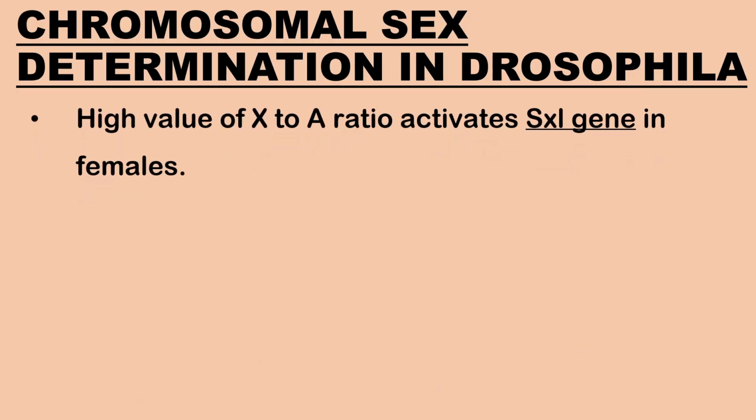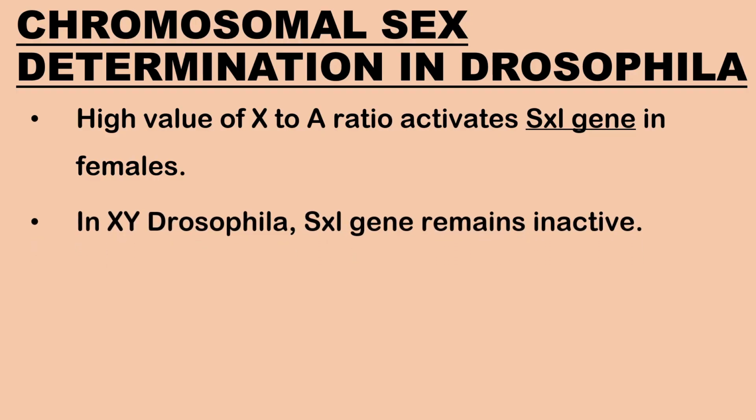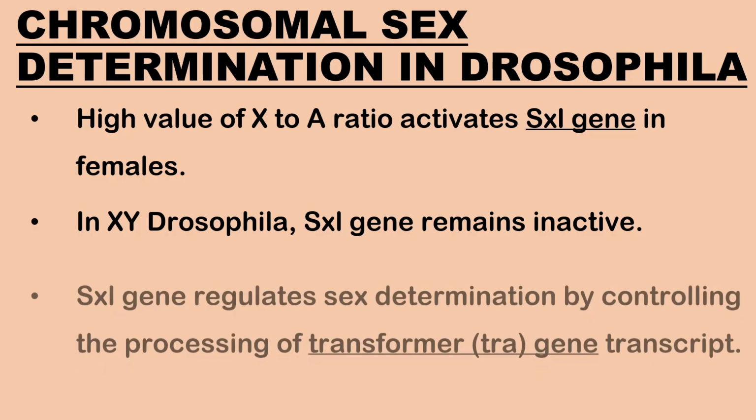A high value of X to A ratio in Drosophila activates the SXL gene in females with the help of proteins encoded on the X chromosomes. In XY Drosophila, SXL remains inactive due to factors encoded on the autosomes and ensures the male development in the fly.